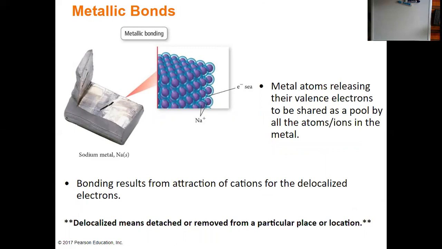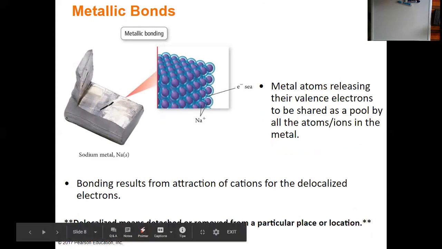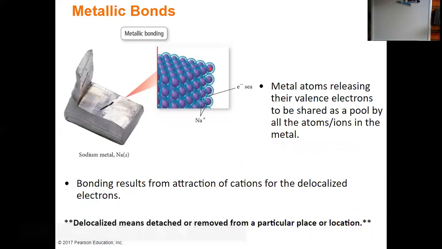And the third type of bonding is metallic bonding. This is the newest one that we're going to look at, the weirdest one. If you look at these pictures, you can imagine that the solid purple in the middle represents whatever metal you're looking at. The one depicted here is sodium, but it can be any metal.